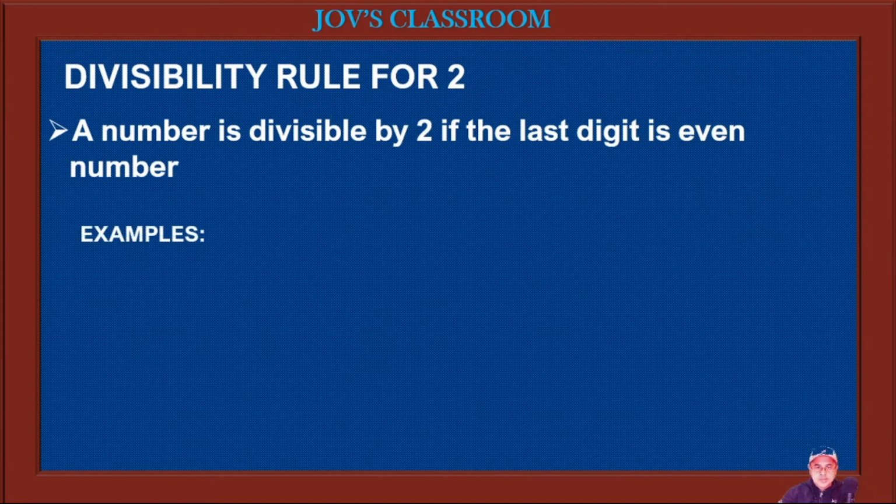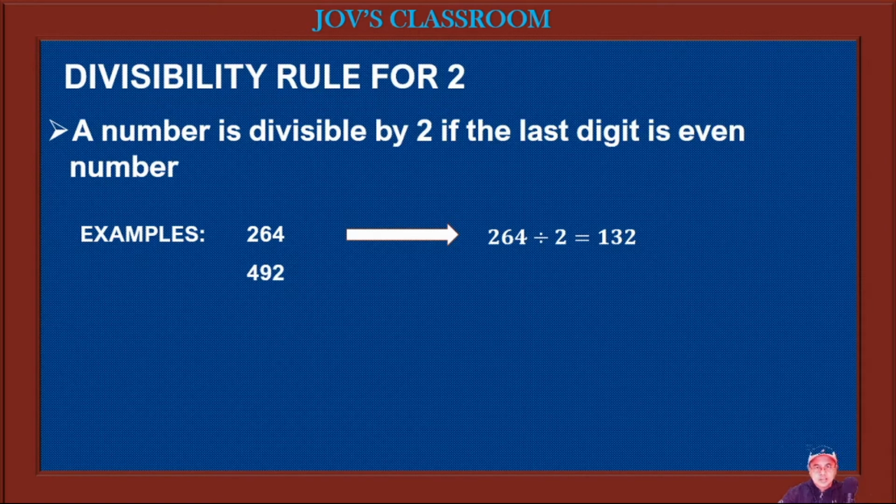For examples, the number 264. By simply looking at the last digit 4, and we all know that 4 is an even number, therefore 264 is divisible by 2. If you divide 264 by 2, the answer is a whole number, 132, without any remainder because of this rule.